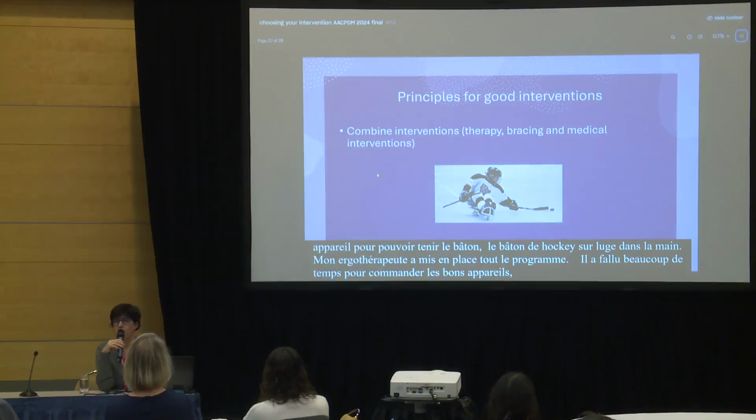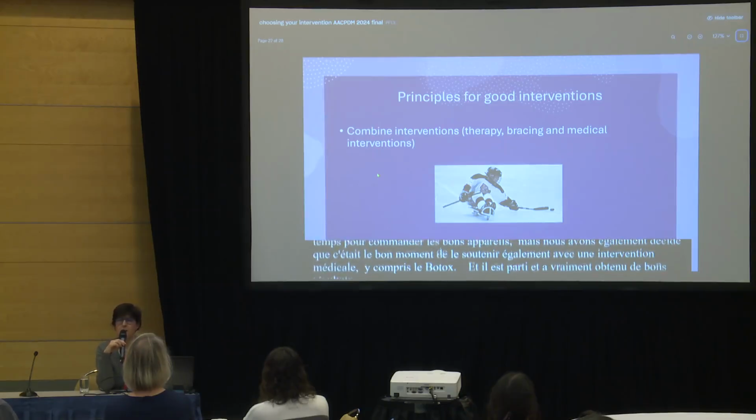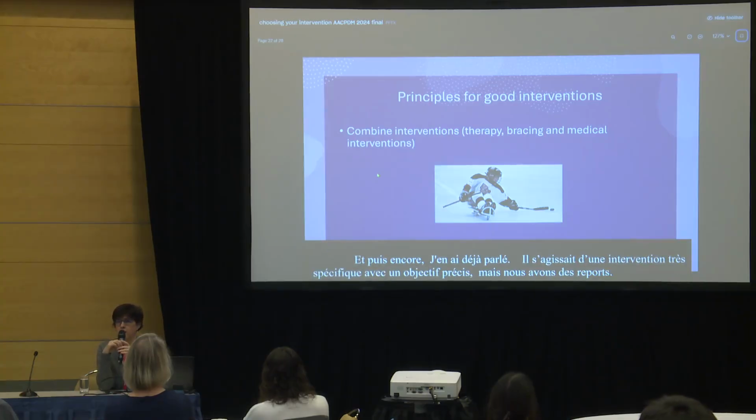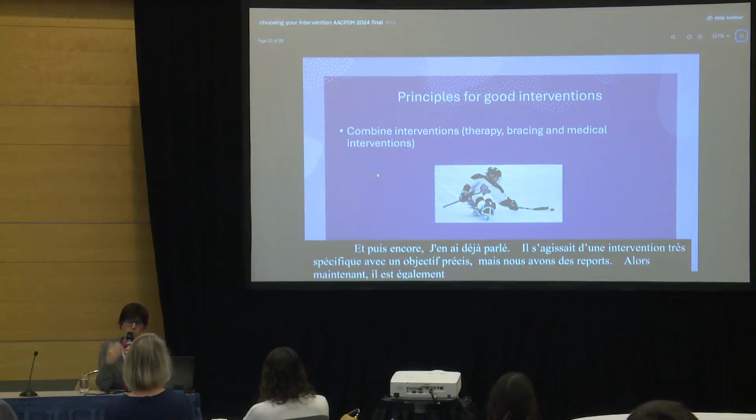And off he went and really had some nice results. And then again, I spoke about it before. This was a very specific intervention with one specific goal, but we do have carryover. So now he's also better in other bimanual activities because the hand has been practicing more and got stronger and more controlled.